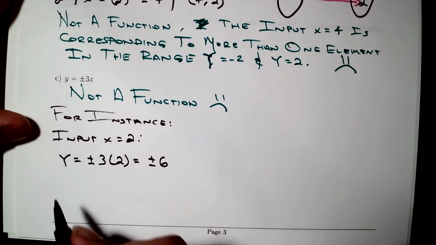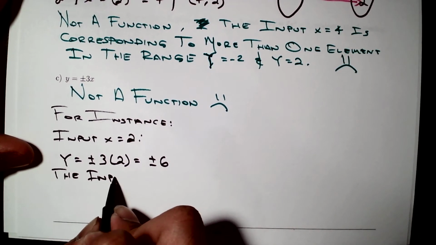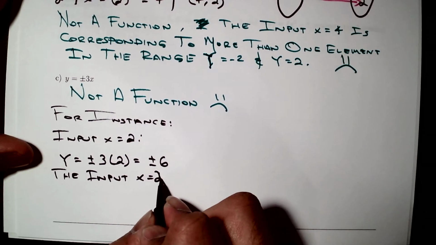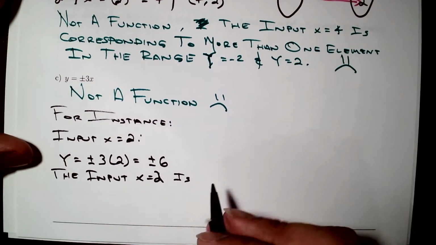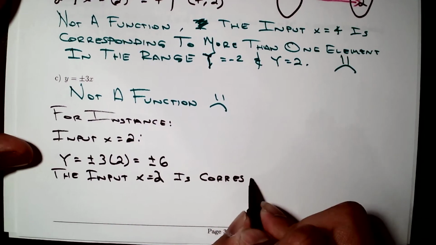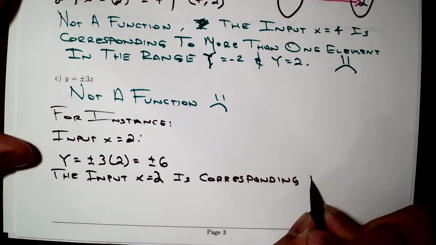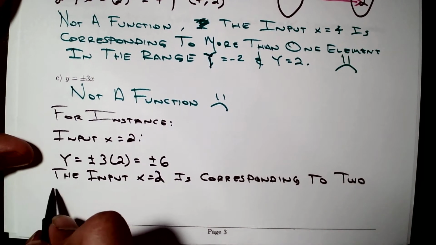This means, in this case, the input x equals 2 is corresponding to two different outputs at the same time.